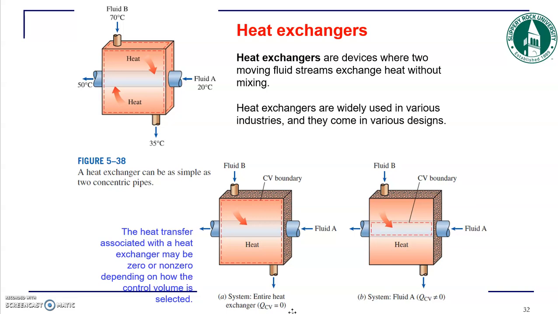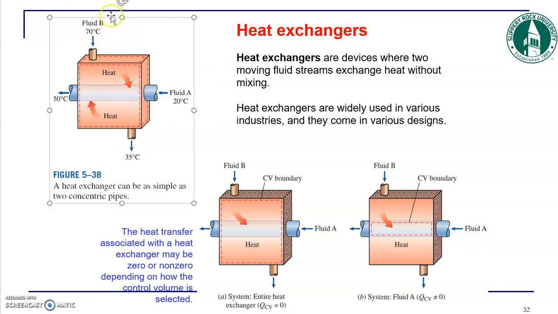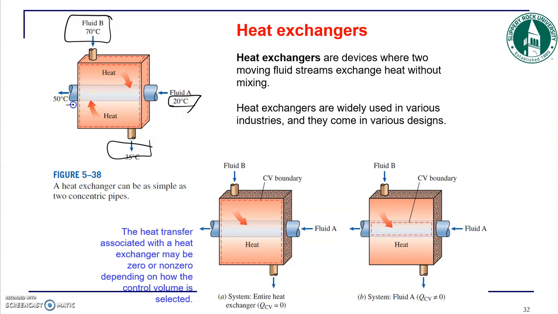You can see in this picture that fluid B is coming in at high temperature and leaving the system at very low temperature. Fluid A comes in at 20 degrees Celsius and leaves at 50 degrees Celsius. There is a heat transfer between that fluid and this fluid, but they don't mix. So this is called a heat exchanger.